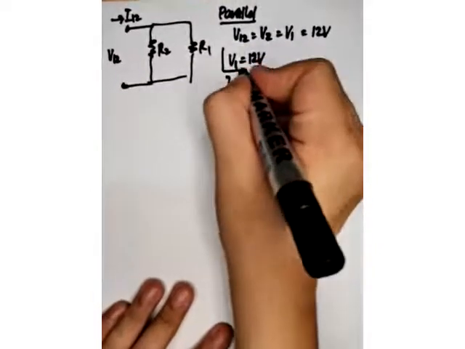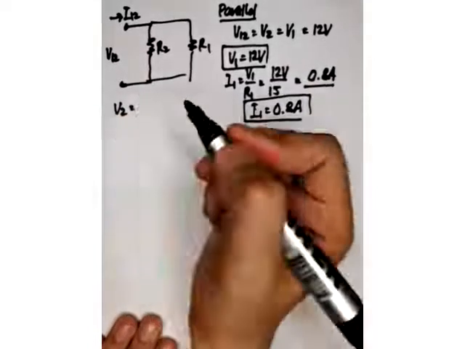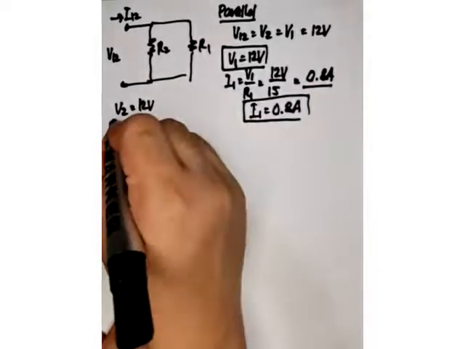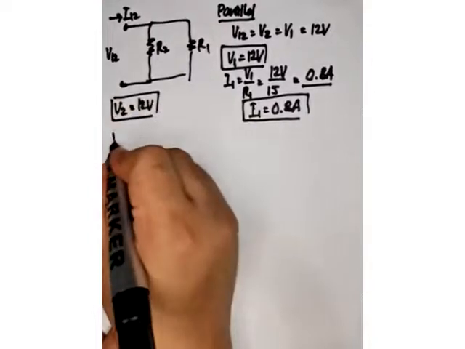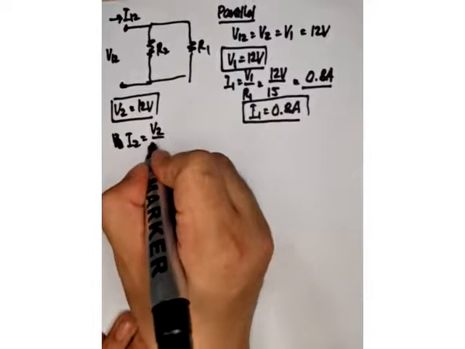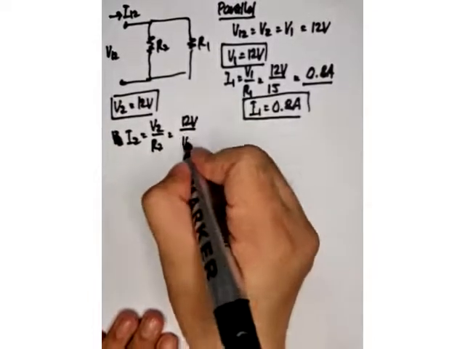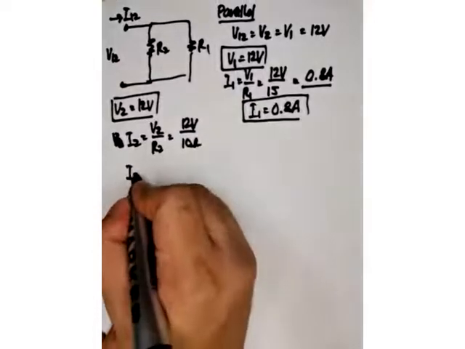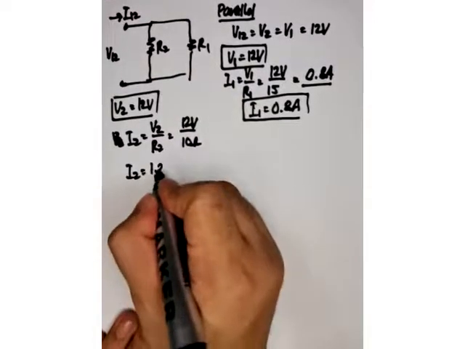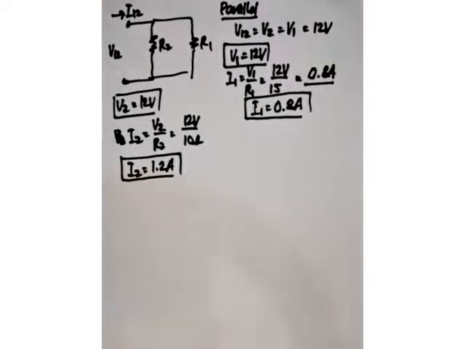And V niya ay ito. Next, ang V2 natin is also 12 volts. Okay, ang I2 natin is V2 over R2. That's 12 volts over 10 ohms. So yung I2 natin ay equal siya sa 1.2 ampere. Yeah. So if you add them, the answer should be 2.